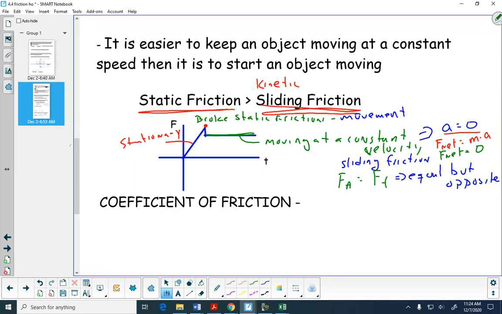If my net force is equal to 0, we then have equilibrium. If we have equilibrium, we have balanced forces.